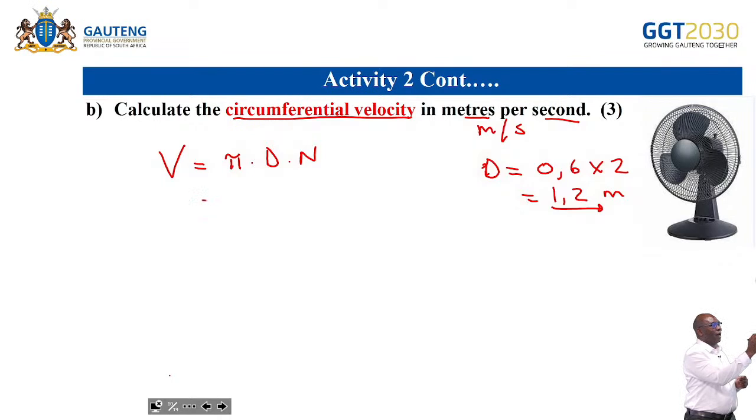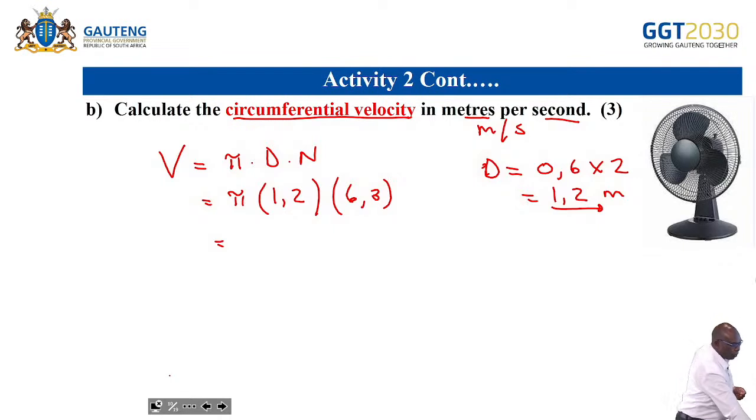Okay. Now the number of revolutions I do have. So how am I going to write that? I'm going to say pi multiplied by the diameter. So what will be my diameter there? We said it is 1.2 meters. So I have my number of revolutions, which is 6.3.